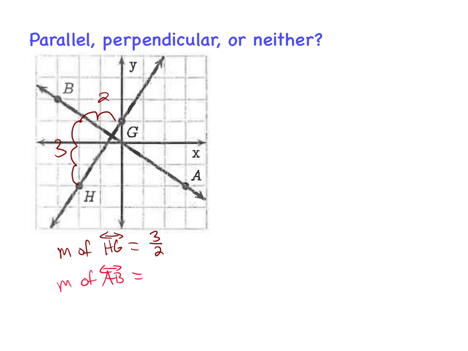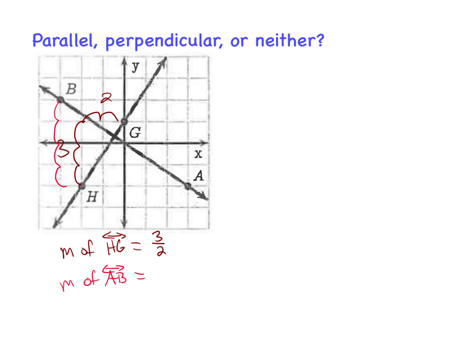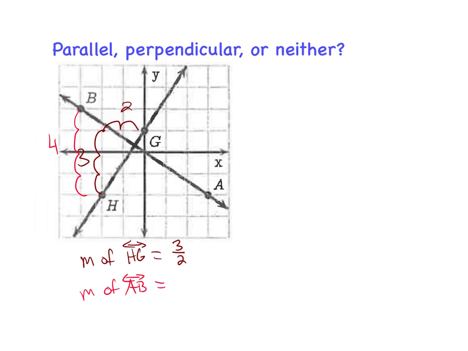Angie, you got AB? So, because remember AB is 1, 2, 3, 4. And then 1, 2, 3, 4, 5, 6. So that's 4 over 6. Is that negative or positive, class?